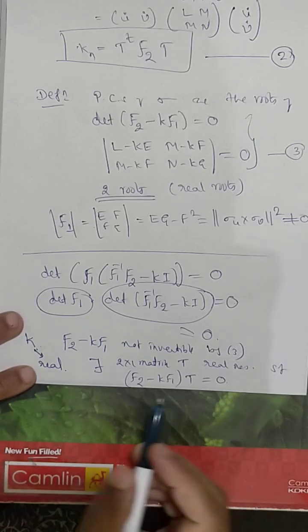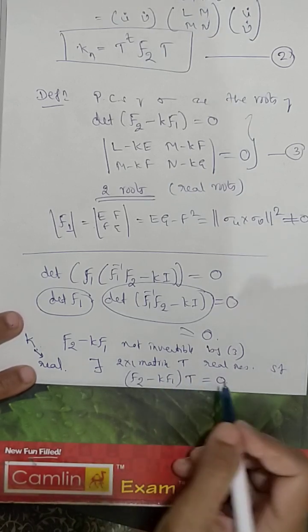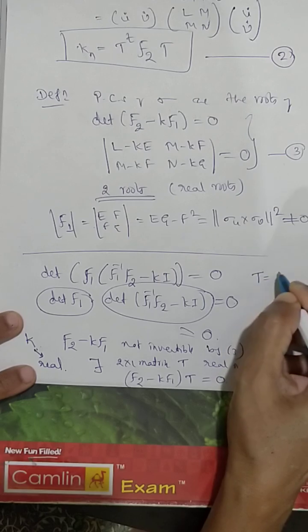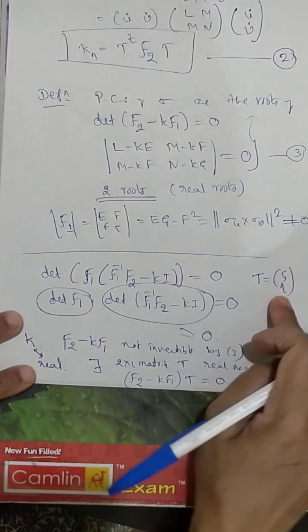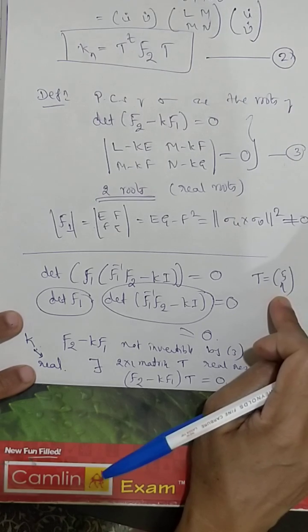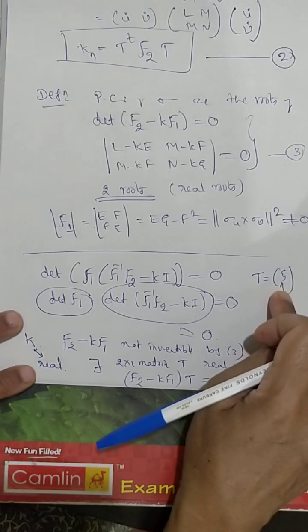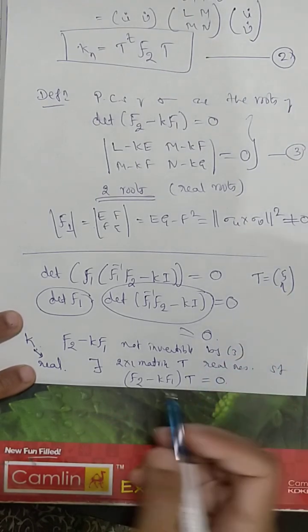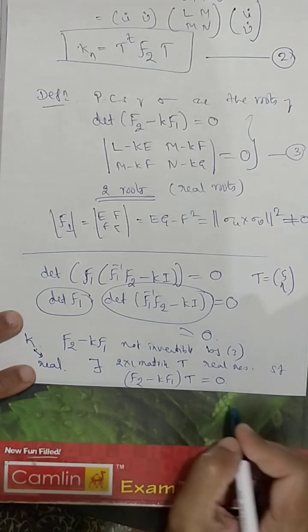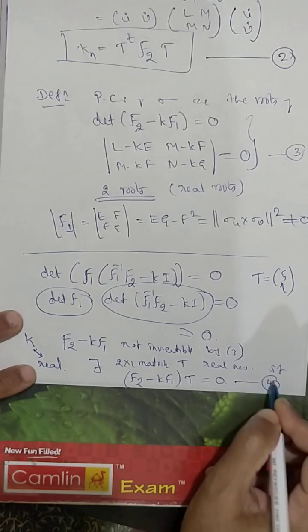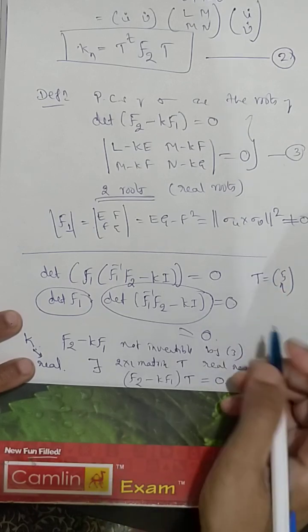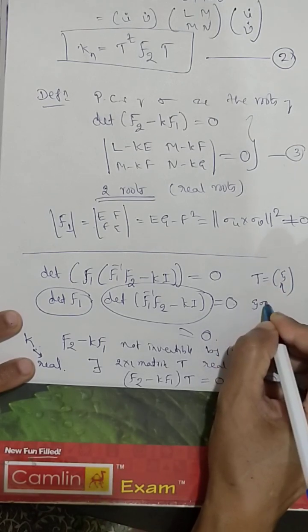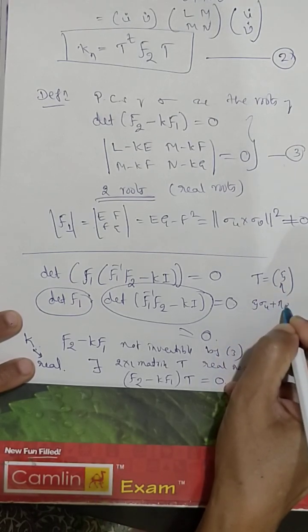Now if I consider the matrix T as a column matrix having entries xi, eta, and it satisfies this equation, which I call statement 4, then the corresponding tangent vector is xi sigma u plus eta sigma v.